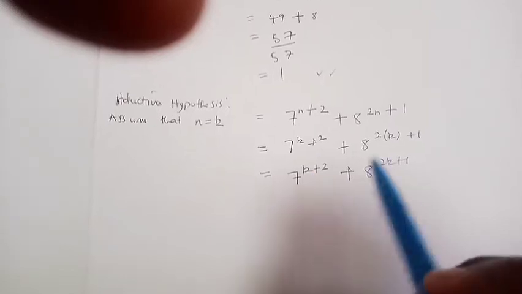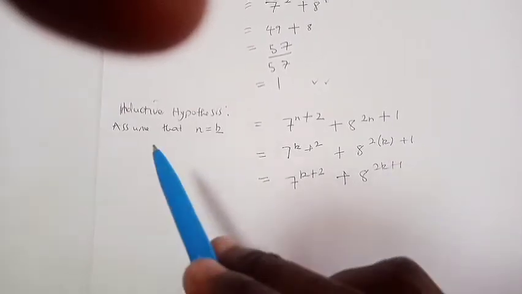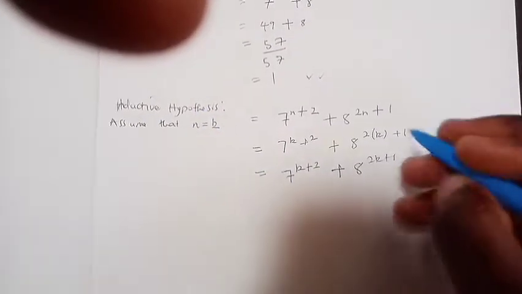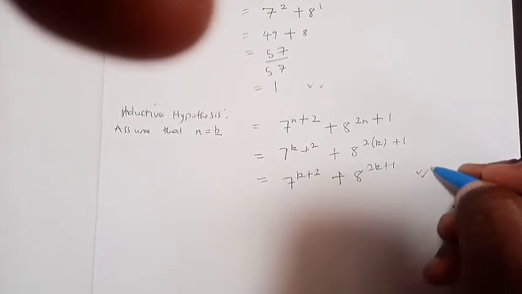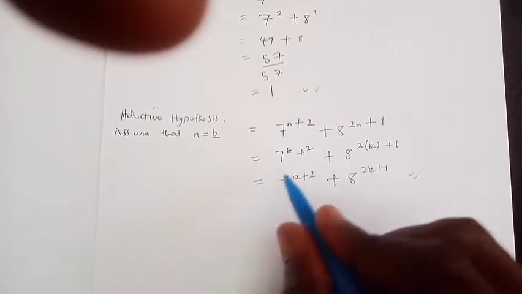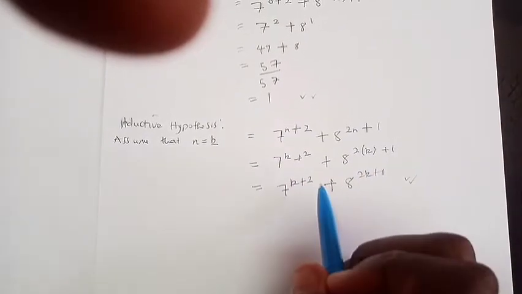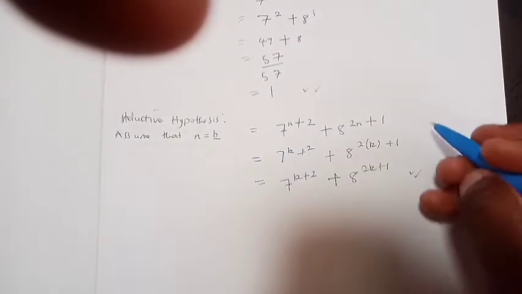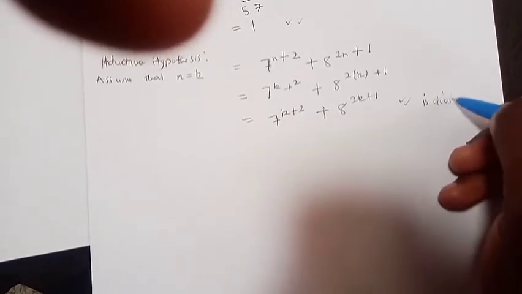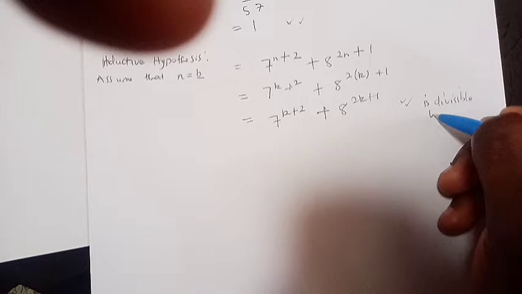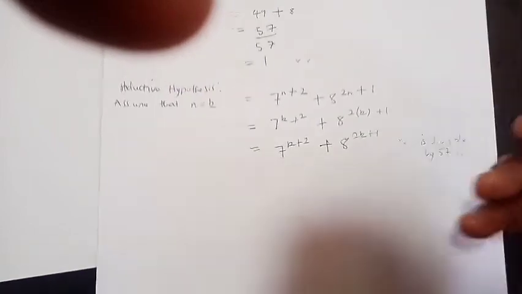After doing this, we are done with our inductive hypothesis. We have to keep this expression in mind, knowing that we assumed this expression is divisible by 57. For the sake of clarity again, I'll write it is divisible by 57.